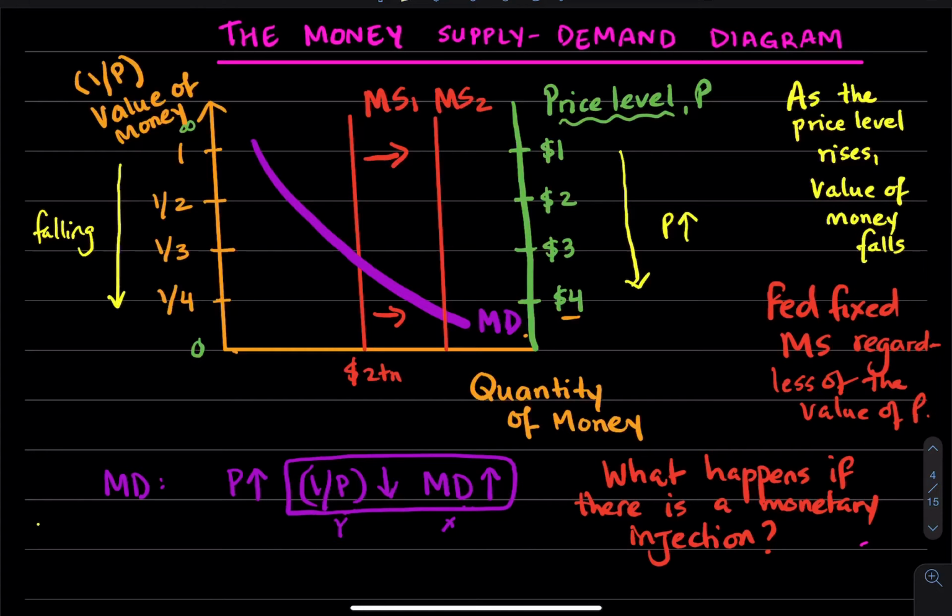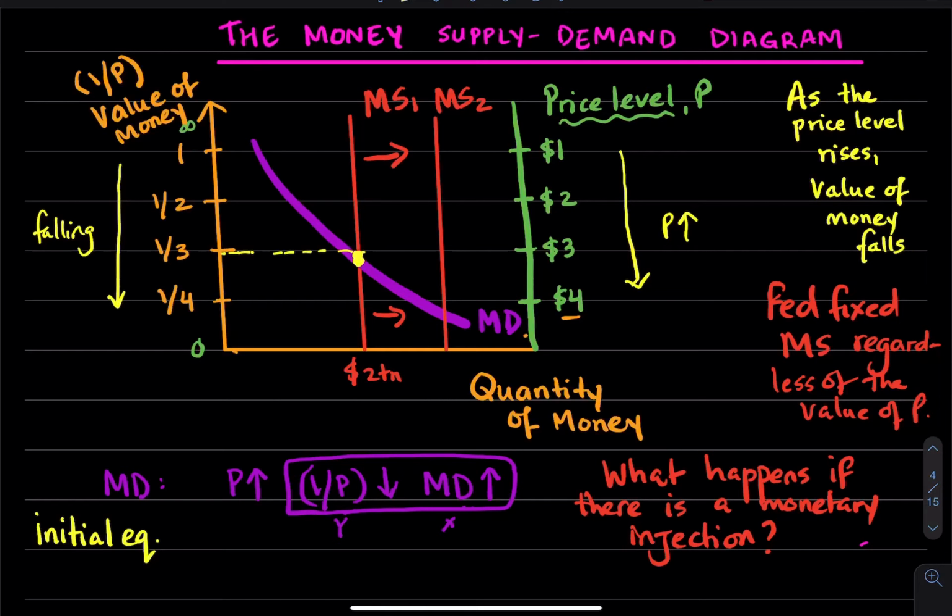Initial equilibrium was where MS1, which is the first money supply curve, intersected with the money demand curve. This is probably the point right here at a price level of 3, which corresponds to the value of money being 1 over 3.